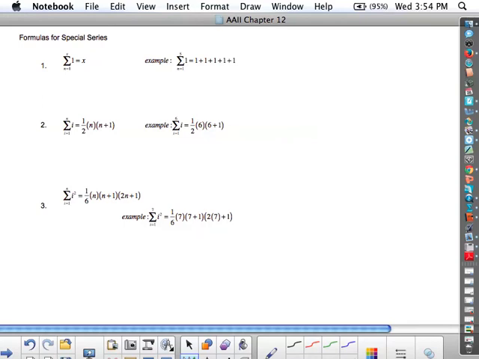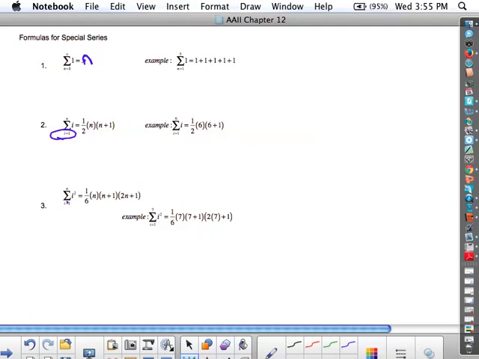These are just some special formulas that actually were listed in the old textbook. They're not listed in the new textbook, and we can talk about some of these later. Once again, I told you that some textbooks will use an I instead of an N. That should be an N there.